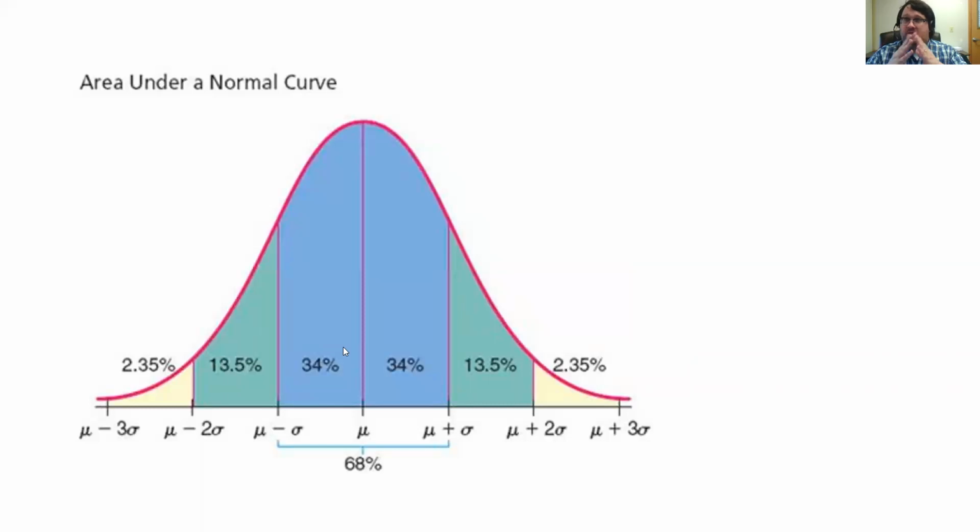That means, since it's symmetric, you got 34% to the left, 34% to the right. And then you get that additional amount. You got another 13.5% left and right. And then you got another 2.35% left or right. And then you got that last little bit out to the side there. Again, these are showing percentages, but when you talk about probabilities, use decimals or proper fractions.